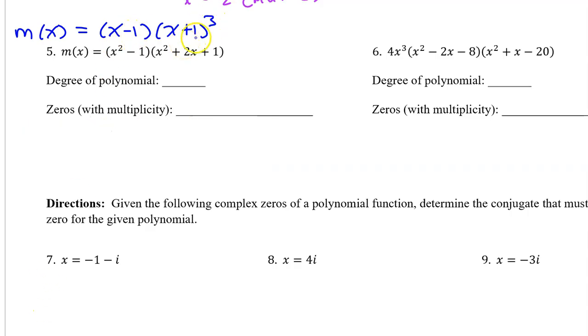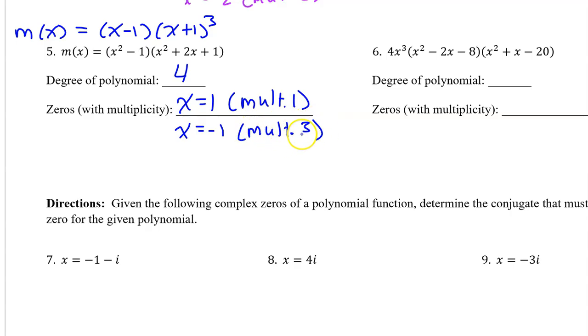Ignoring the minus 1 and the plus 1, we would have x times x to the third power, that is x to the fourth power, so the degree is 4. From the first factor, we get a 0 of x equals 1, and that one has a multiplicity of 1. From the second factor, we get a 0 of x equals negative 1. This one has a multiplicity of 3.